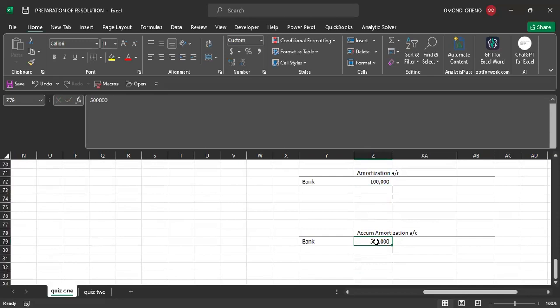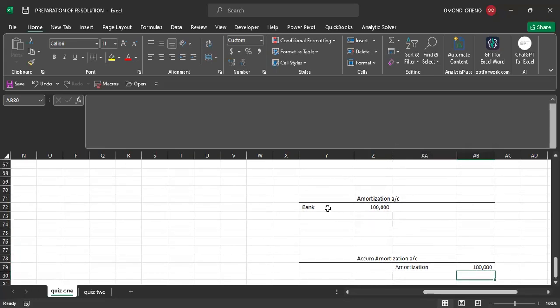Then accumulated here, we don't have a balance brought down, but we have the charge for the year, which is coming from amortization. How much is coming from amortization? 100,000. So if I'm going to prepare the income statement, I'll be taking this expense of 100,000.